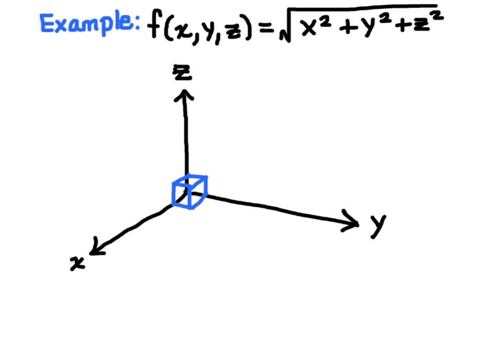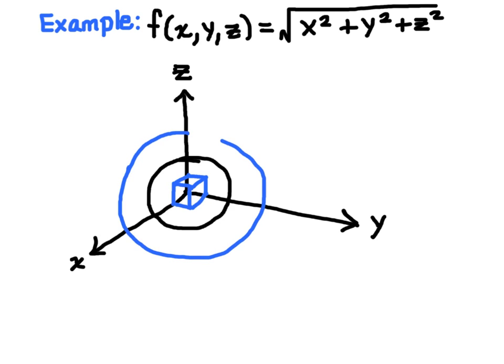So when we look at this equation here, as we change the value of f, our sphere becomes larger. So our first sphere, say, could be here. And then as we increase the value of f, the sphere becomes larger. In other words, the value of f is the radius of the sphere.